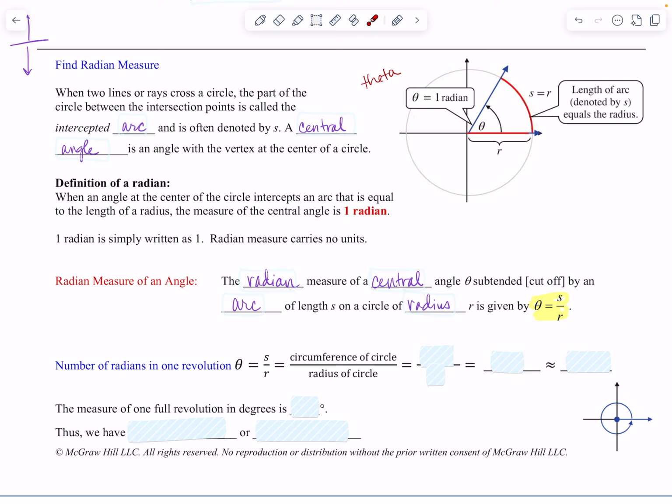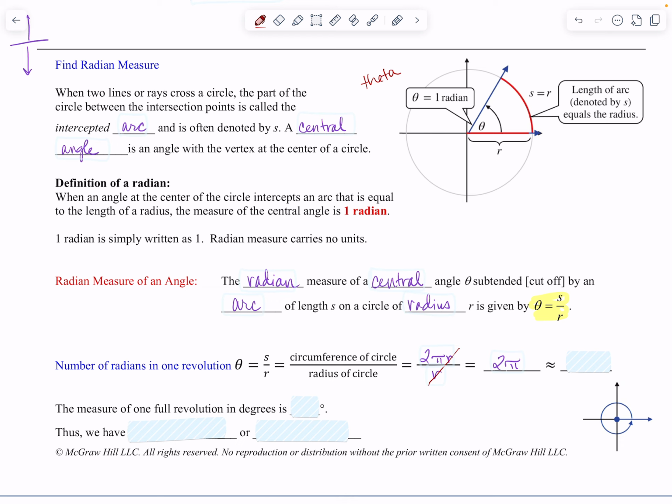Well, my arc length, when it goes around the entire circle, is also called circumference. And remember from high school geometry, the circumference of a circle is 2 pi r. Now, we're going to take our arc length and we're going to divide by the radius, which is just an r. Well, the nice thing about that is my r's can cancel each other out. And when they cancel each other out, we're just left with 2 pi.